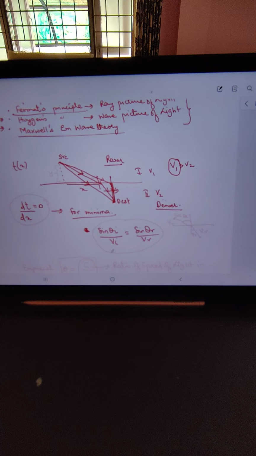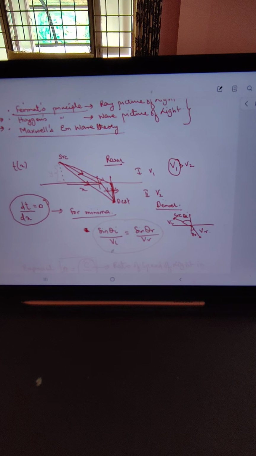Let me just explain this once again. This was the source point. This is the angle theta I, and this is the angle theta r, and this is the destination point. It is going to travel with speed vI in this medium, vr in this.